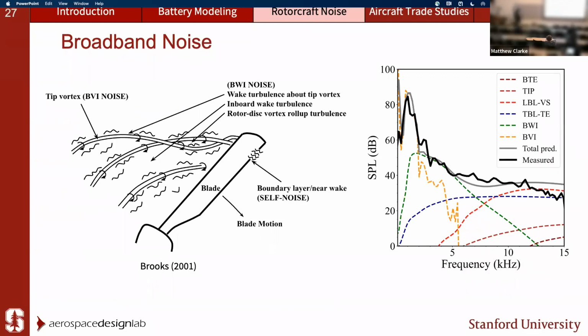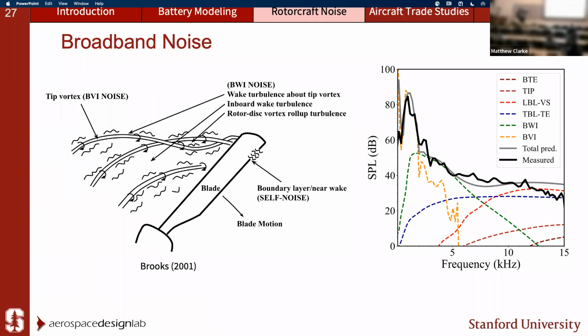On the second half, looking at broadband noise, like I mentioned before, it's really a contribution of several different noise sources. And this plot by Leishman, really actually by Brooks, gives you an indication of what are the different components of broadband noise here. In this study, I'm only modeling this blue line, the turbulent trailing edge noise, because I argue that for aircraft flying in cruise condition, these two, the green and the orange, are not as significant contributors. They will be obviously for transition phases where you have a lot of wakes interacting.